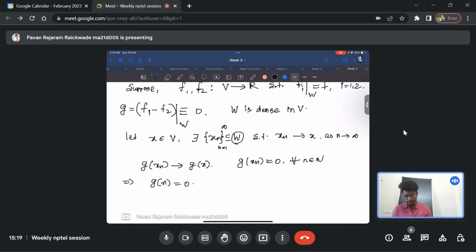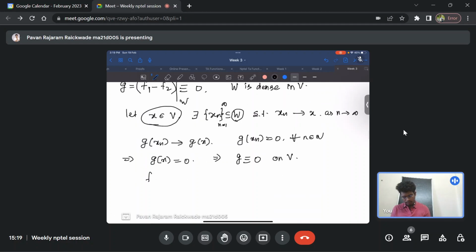This happens for any x belonging to V because W is dense; for any x you get a sequence of points in W. So G is identically 0 on the whole space V, which means f1 equals f2, and the extension is unique.